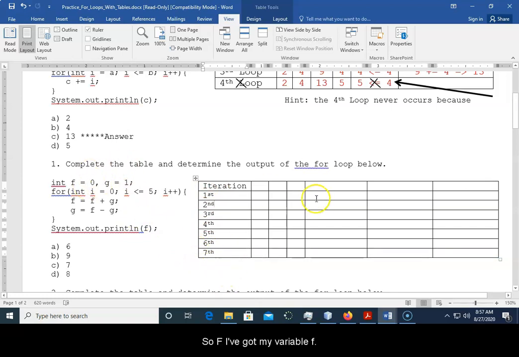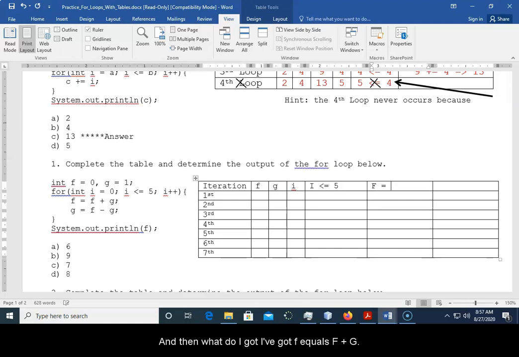Okay, so I've got my variables f, g, and I, and then I is less than or equal to 5, and then what do I got? I've got f equals f plus g, and I got g equals f minus g. And I apologize. Let's see here if I can fix these real quick.